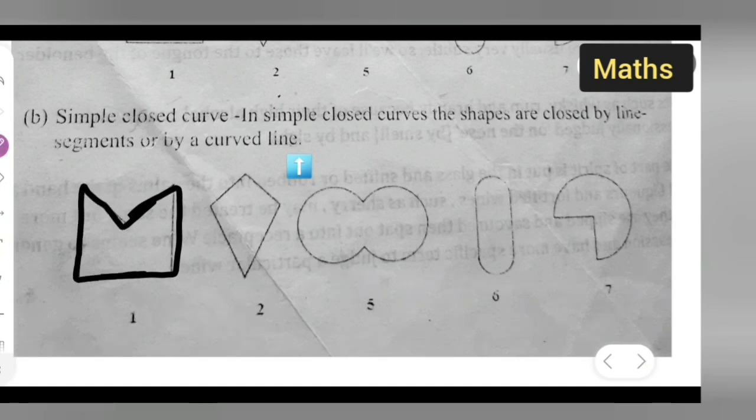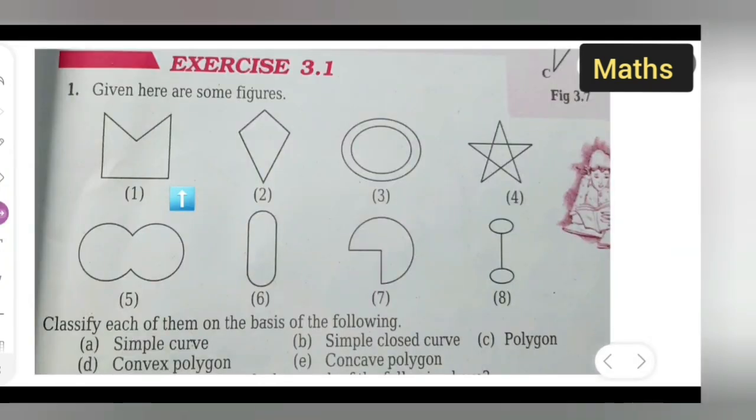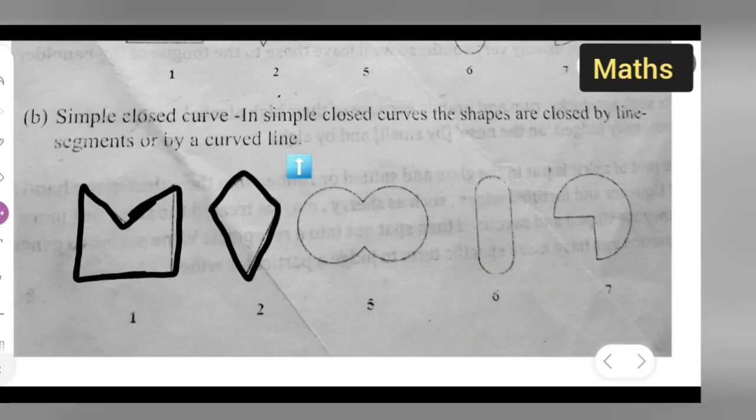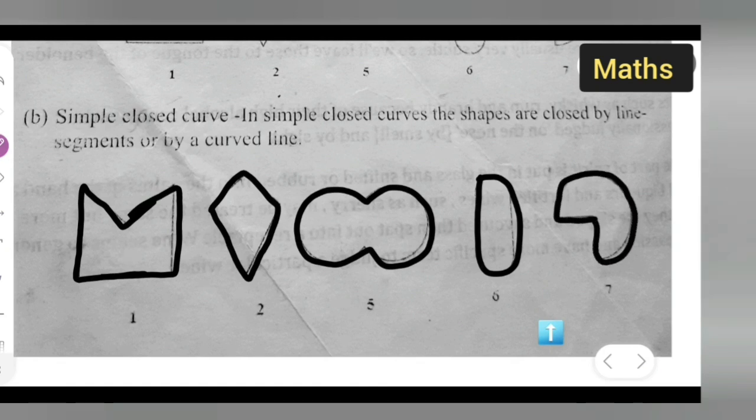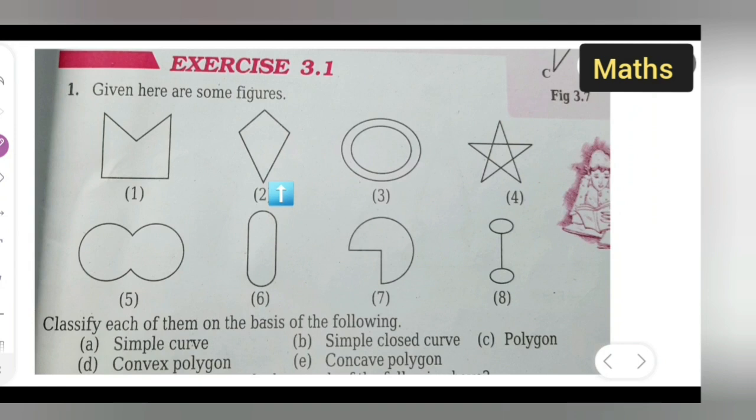And even figure 2 is also a simple closed curve. Next, figures 5, 6 and 7, again they are simple closed curves. So figures 1, 2, 5, 6 and 7 are simple closed curves.